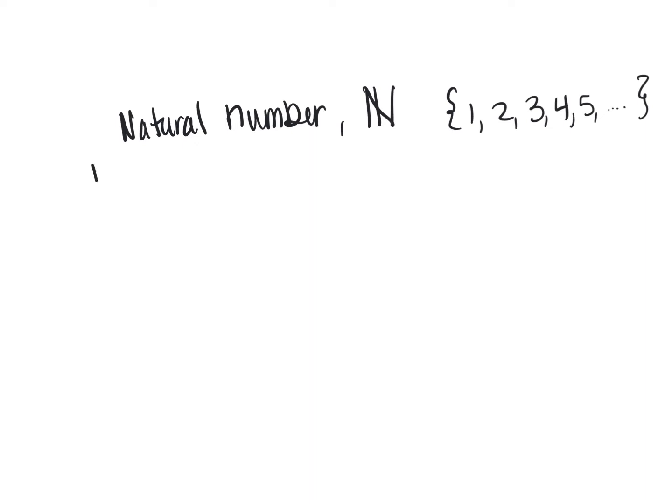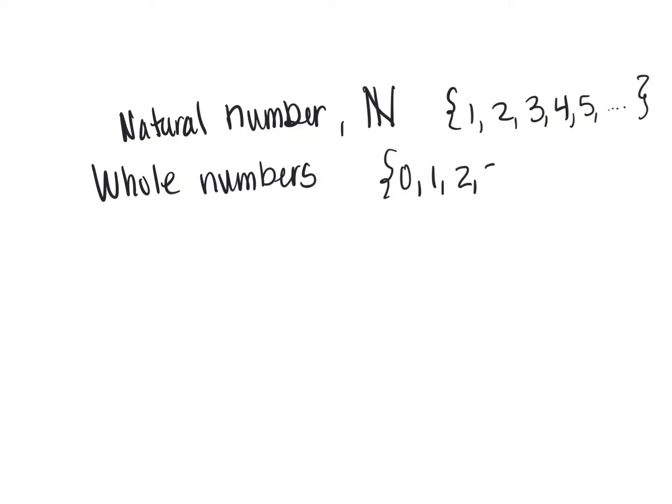You add 0 to that and you get a set we call the whole numbers. And of course, if you ever take a history of math class, you'll learn that 0 was a very controversial concept initially. You put the positives and negatives of those together and you get the next subset of the real numbers, which is the integers.